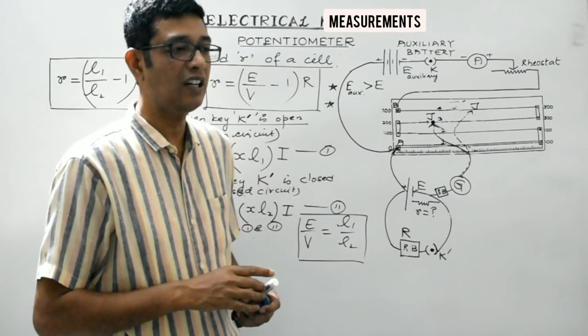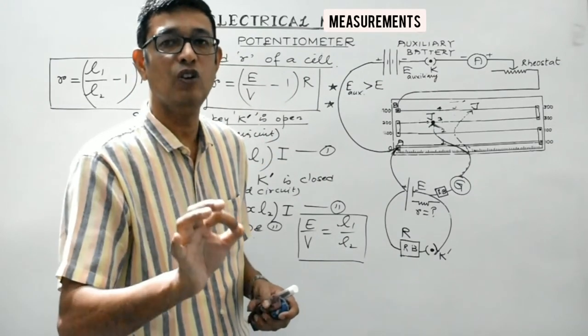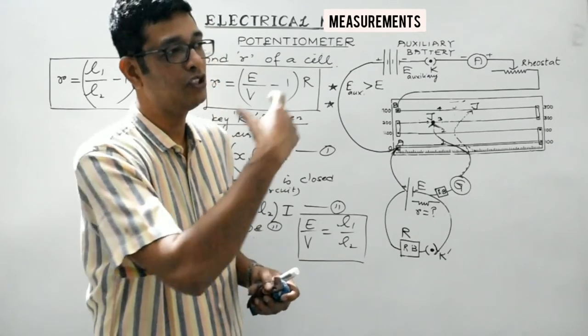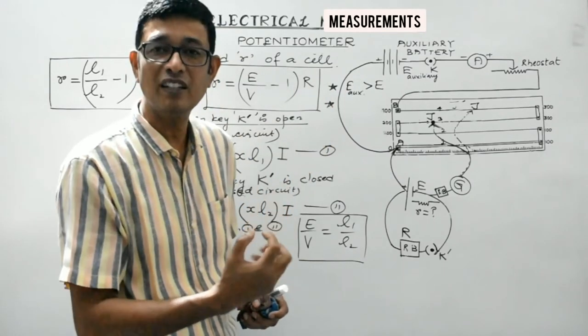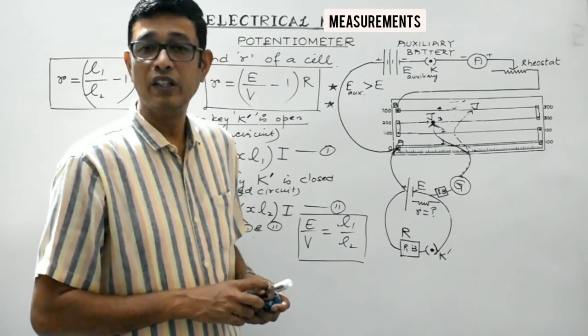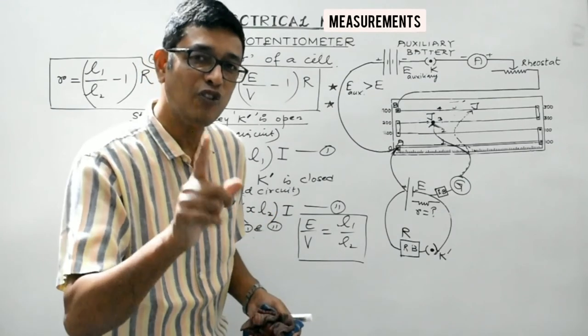What I mean is that the potential drop per unit length of the wire should be small, and such a potentiometer is much more preferable. The potential drop per unit length is known as potential gradient. So students always prefer a potentiometer having a small value of potential gradient.